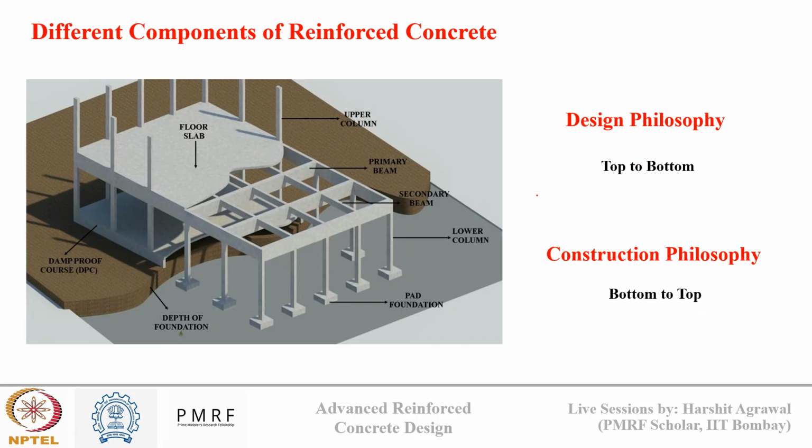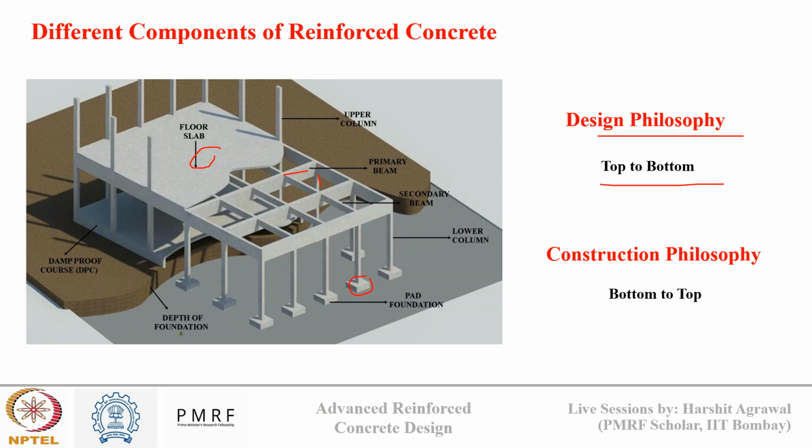From the design point of view, we first design the slab, then the load comes to the beam, then the beam is designed, then we design the column, and finally the footing. So the design philosophy follows a top to bottom approach.